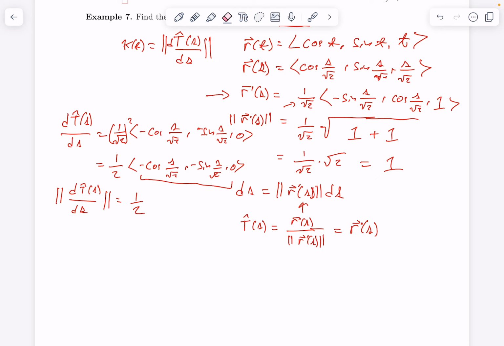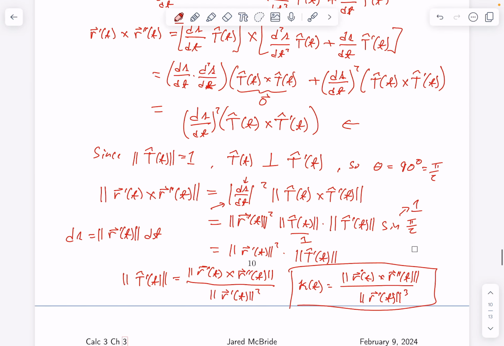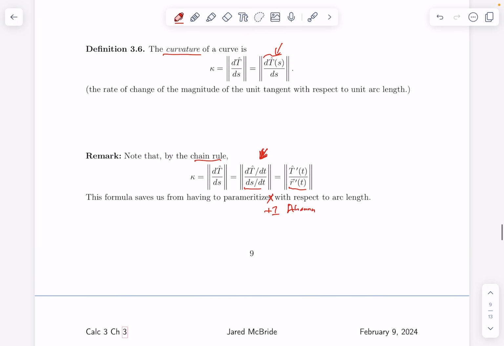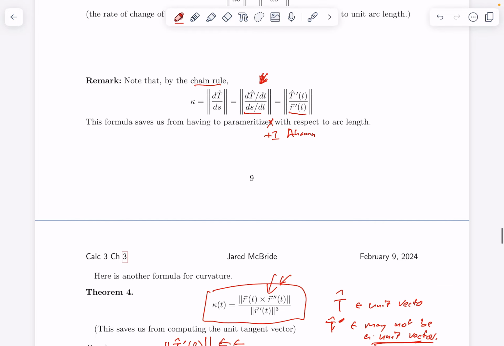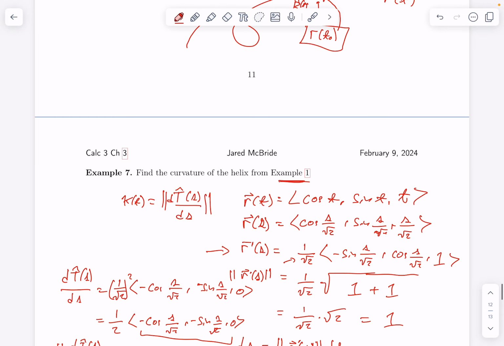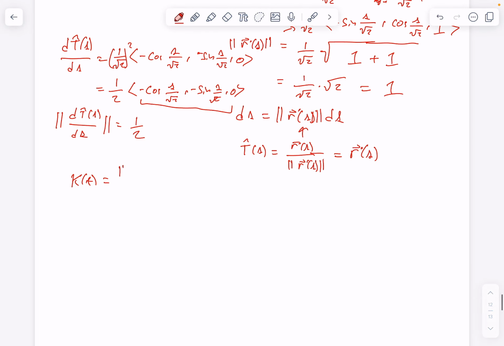Kappa of t equals, what was it, there it is, the magnitude of the derivative of the unit tangent divided by the magnitude of the derivative of the position vector.